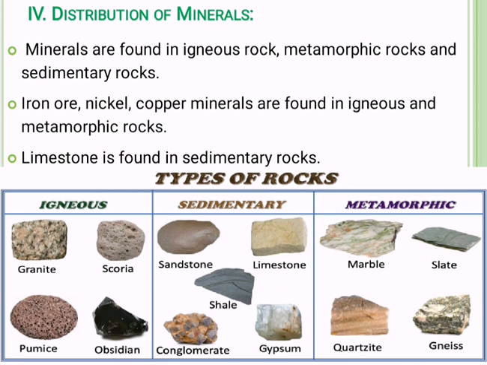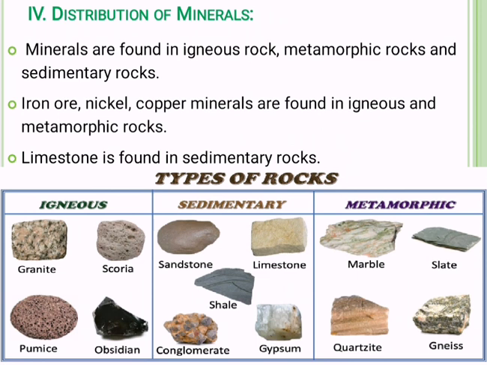Mainly we can find 3 types of rocks: first igneous rocks, second sedimentary rocks, and third metamorphic rocks. We will get minerals from these 3 types of rocks.